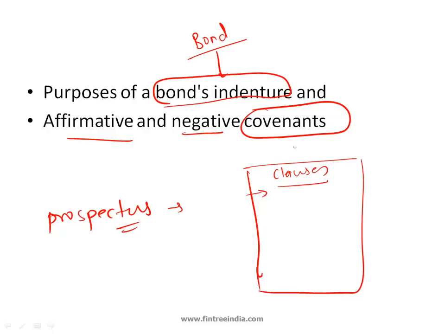They should not sell the assets, of course. So why? Because assuming that these bonds are secured, and in case there's a default, you will have a right to at least sell those assets and recover your money, isn't it? So one of the covenants that you would put is that the company would not be allowed to sell these particular assets. Okay? So that's one. And since you are prohibiting the company from doing something, this would be called a negative covenant.